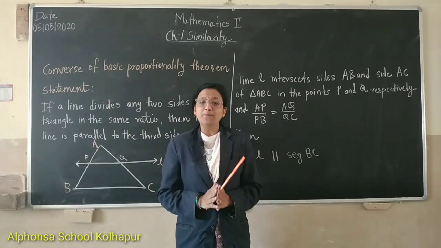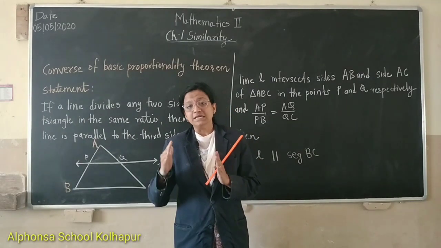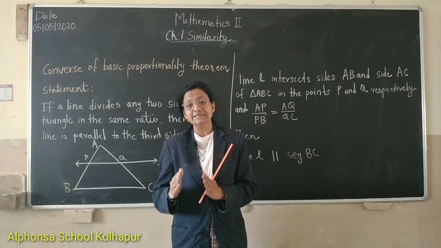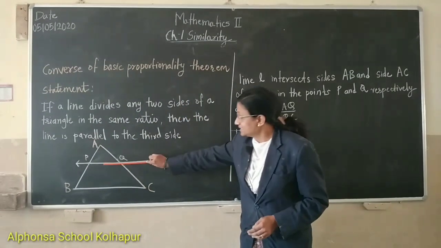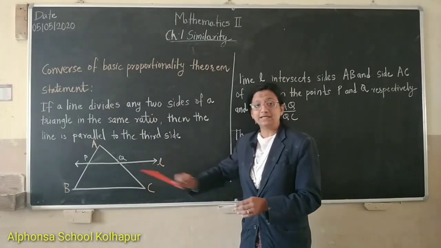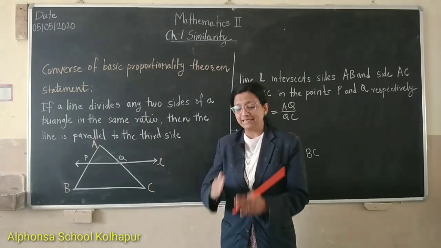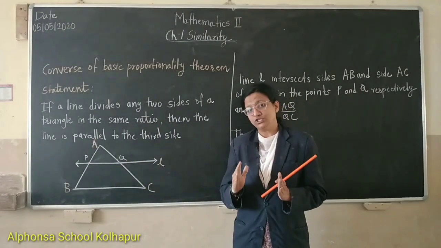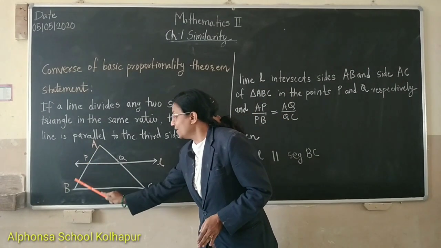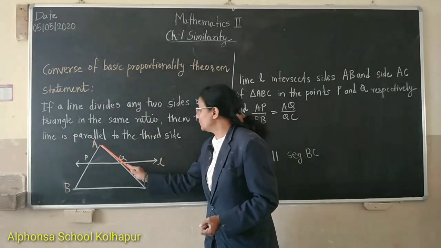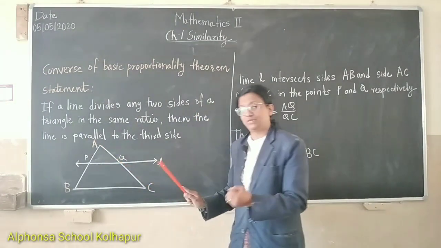In basic proportionality theorem, the given part, that is antecedent, was if line is parallel to the side, and then the consequent was AP upon PB is equal to AQ upon QC.